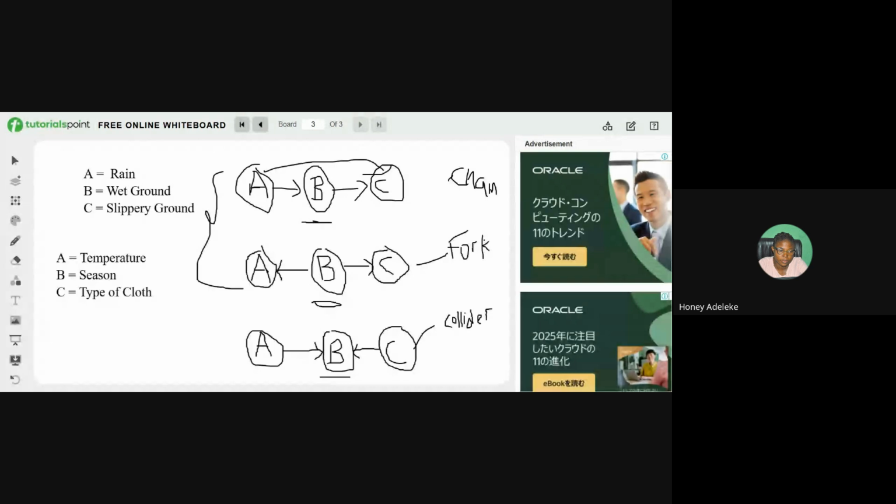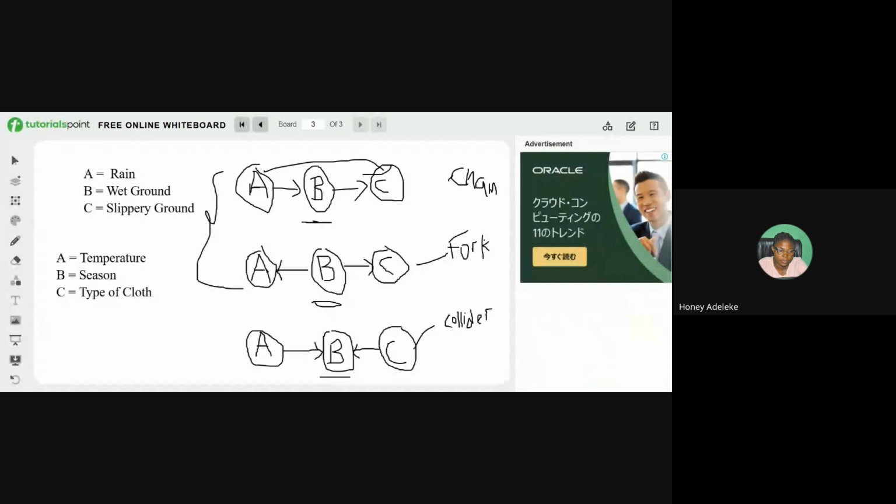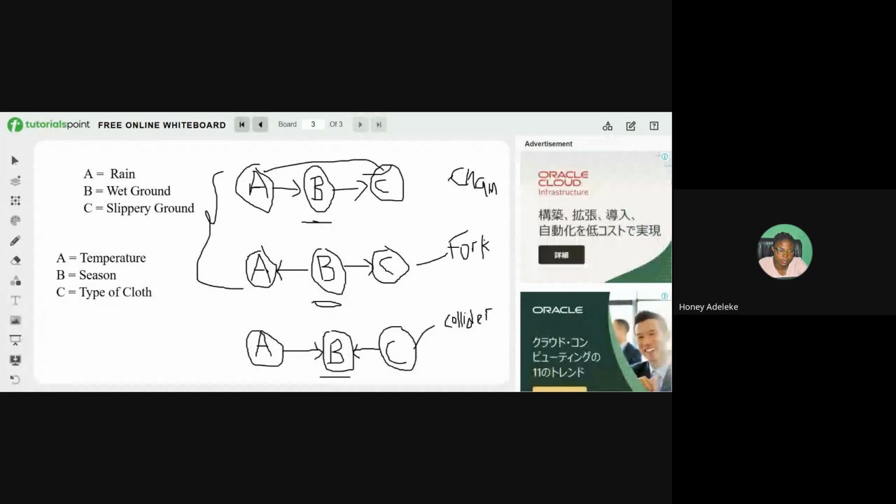That is the difference. So we have here that our A and C are independent. Also, A and C become dependent if we condition on B. If we condition on B, this time around, it is called explaining away, not a conditioning set anymore.